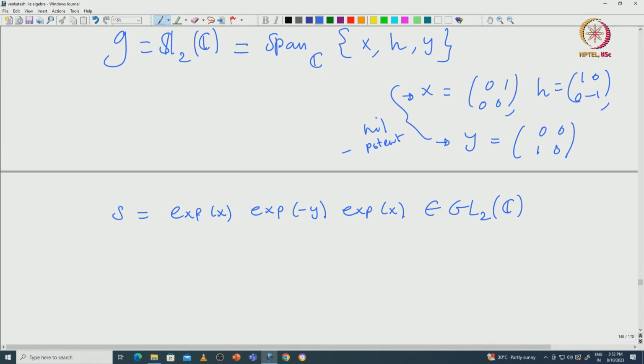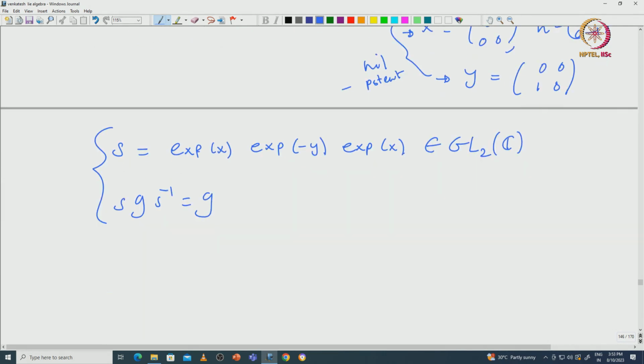So, this is actually an invertible element. So, now using this element of GL2C, you can see that S G S inverse will again be G. Okay. This is easy to verify. So, with this data we can define this phi S, which will give us an automorphism of G, given by the conjugation Z goes to S Z S inverse. So, I leave it to you to check.